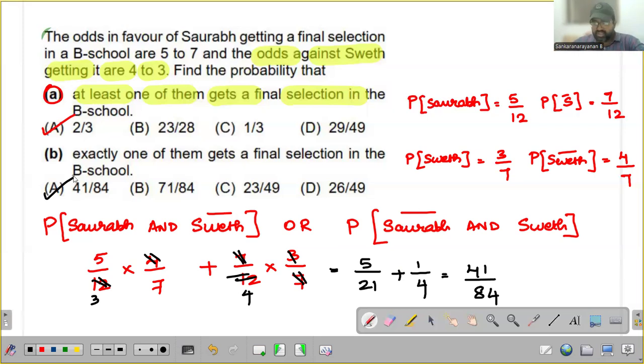So with this question, we will conclude our lecture number 2 on this topic, that is probability. In this video, we have explained a good set of questions that covers some fundamental aspects like P of A union B, P of A intersection B, expected value, team selection or team formation with certain constraints and considerations.